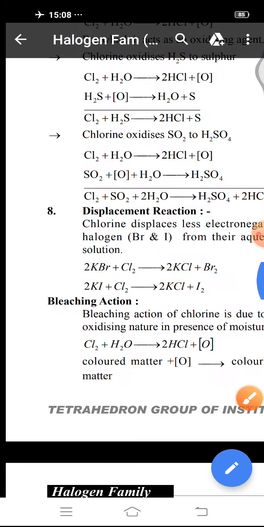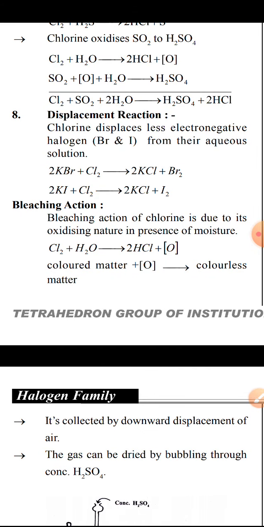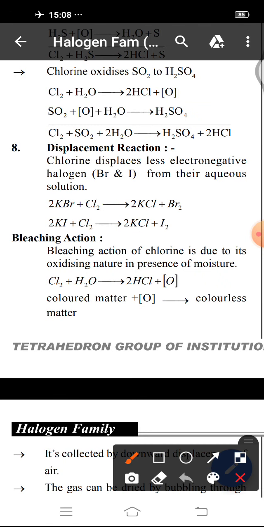Next comes its bleaching action. The bleaching action of chlorine is due to its oxidizing property. Due to its oxidizing nature, it acts as a bleaching agent, in the presence of moisture. Because when chlorine reacts with moisture, it forms HCl and nascent oxygen.